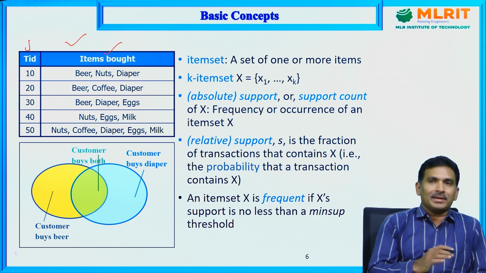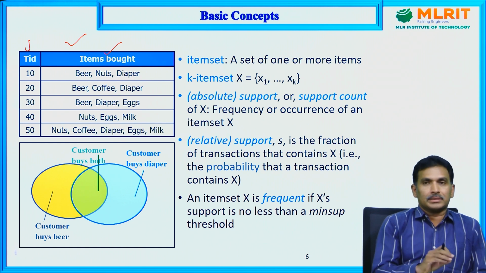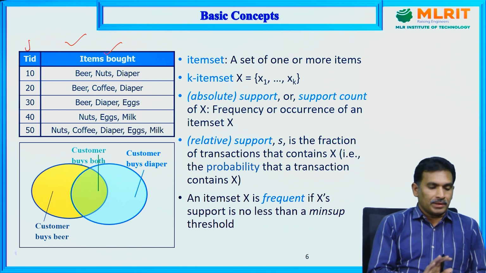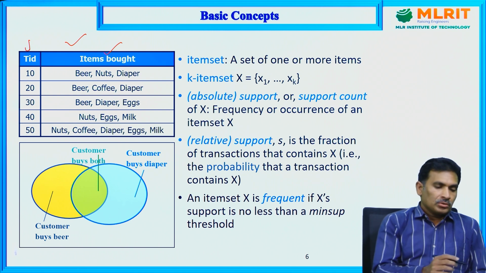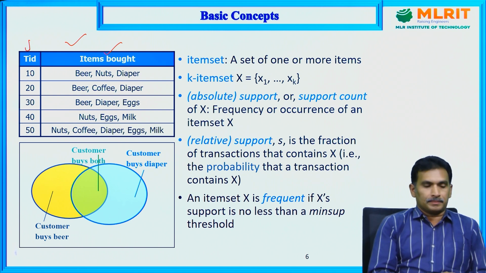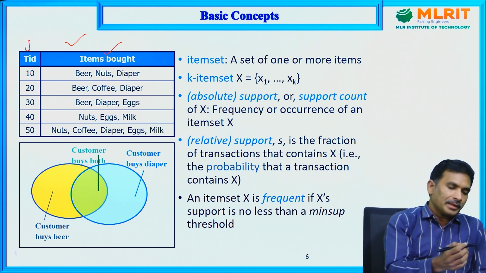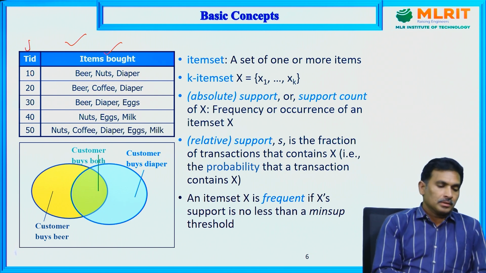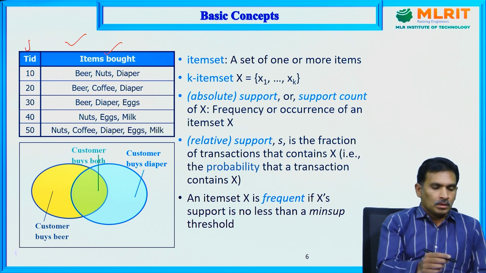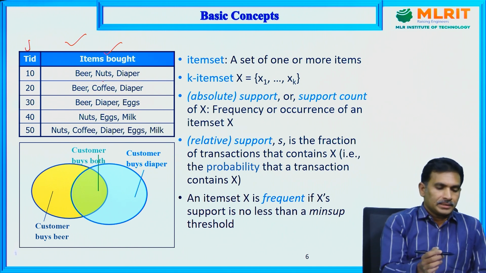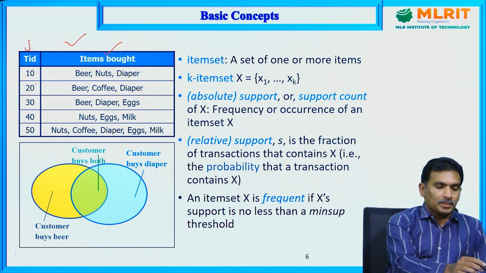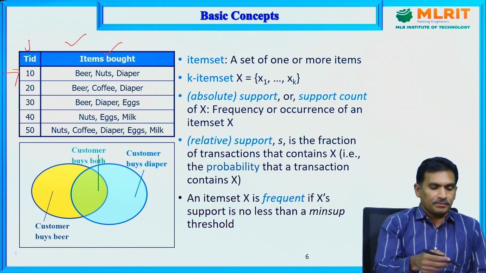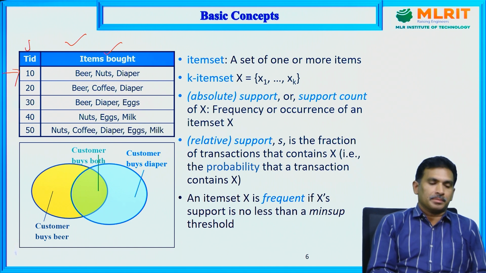Let us quickly understand what this transactional database represents, because that is very important. The transaction number could be anything; simple values are used here for understanding. Transaction 10 has beer, nuts, and diaper. That means this is a purchase done by a customer, recorded in the transactional database.